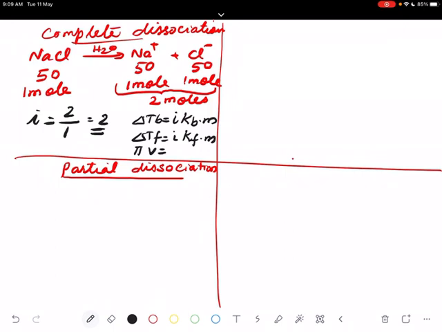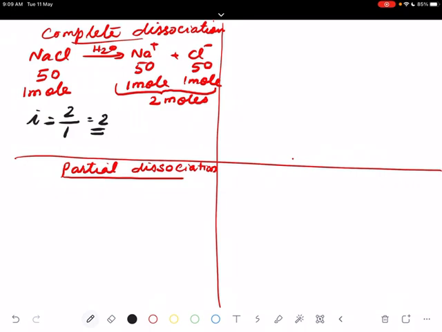Pi V is equal to i nRT, or in terms of vapor pressure, (P naught A minus PA) upon P naught A is equal to i XB. So in all those 4 equations, you have to put that i if there is any type of dissociation, association, partial dissociation, partial association.